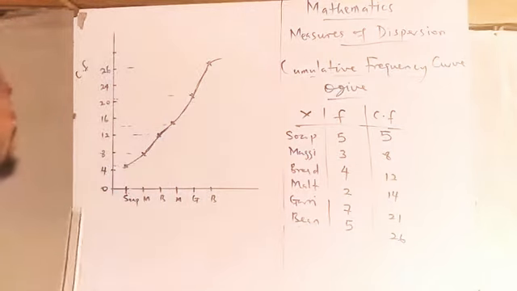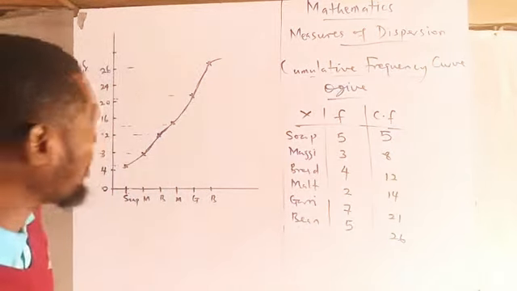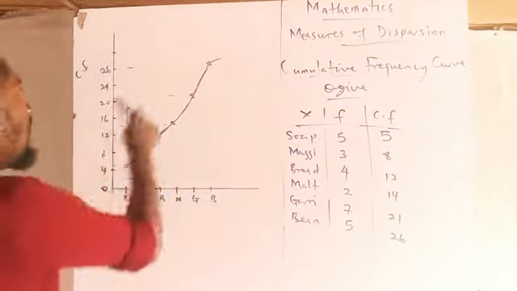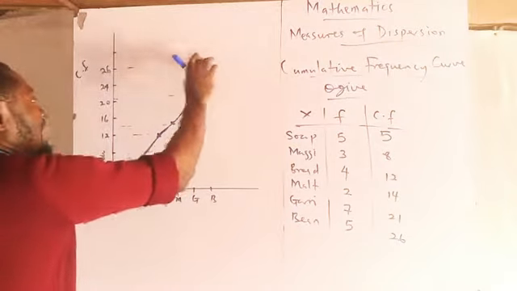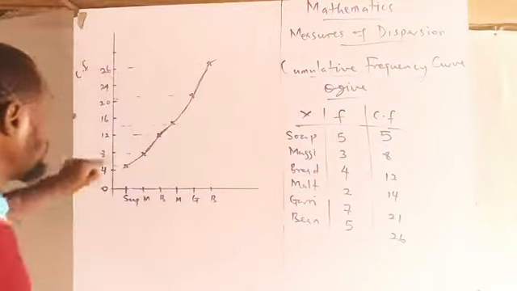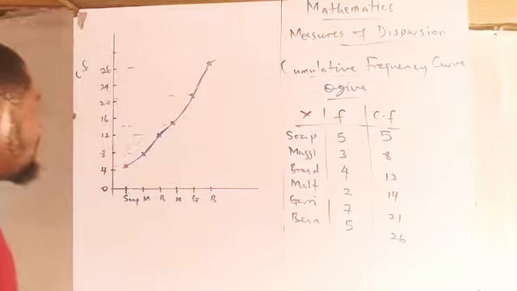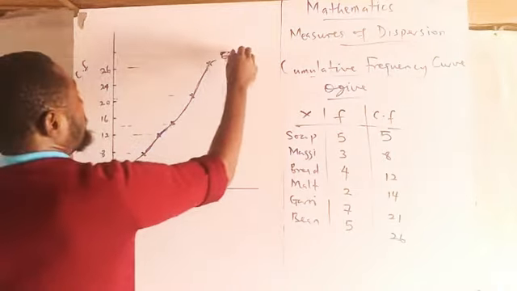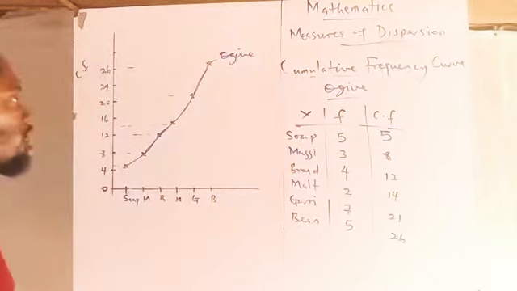That is the cumulative frequency curve from what you've done. If you carefully use your ruler to draw the curve, you will see it assumes a little bit of an X shape. That is your curve. This is called the ogive, or you call it the cumulative frequency curve.